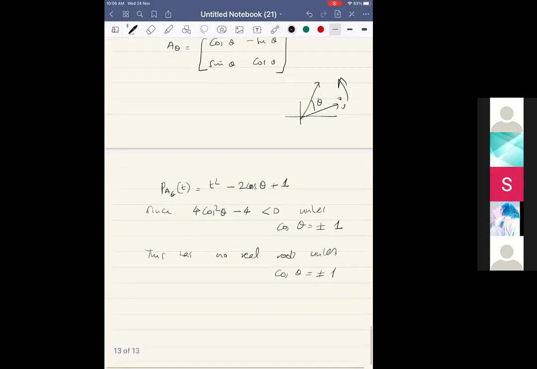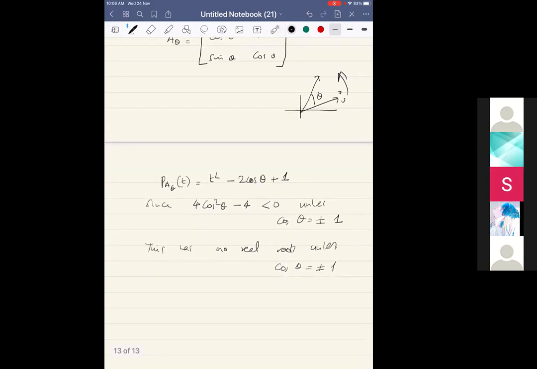It should be 2 cos theta t. Thank you. In my notes also, it should be that.